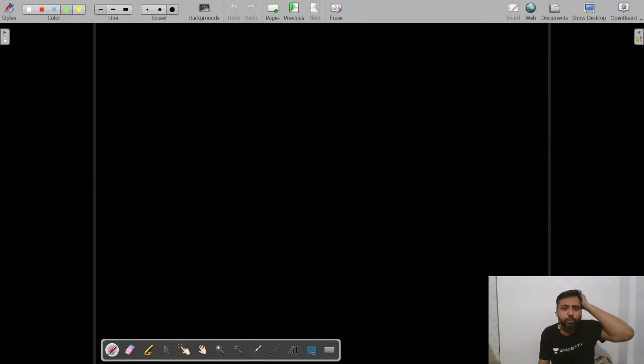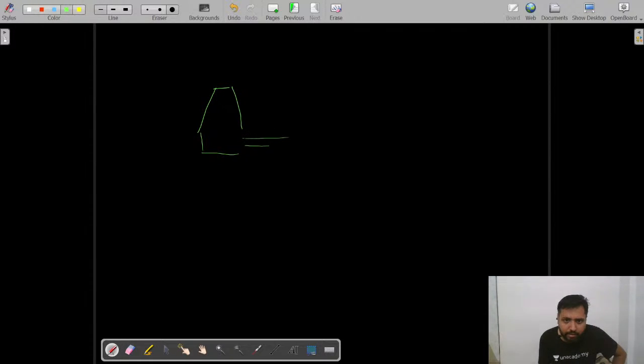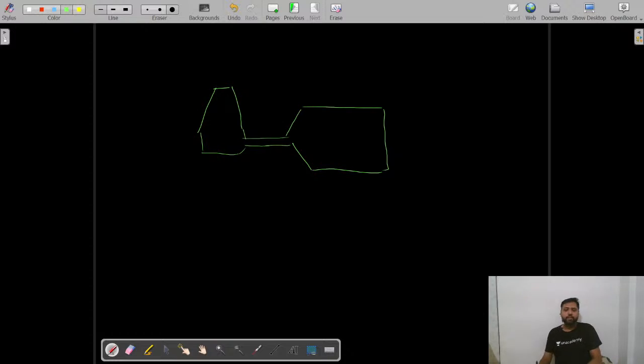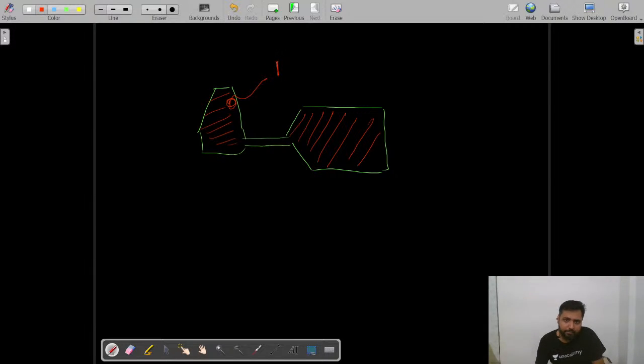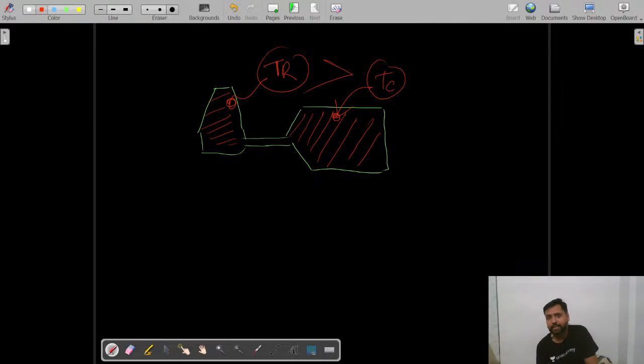How will you assure that the liquid metal in the riser solidifies later? Let us say this is your riser and this is where the casting cavity is. Okay, I had drawn this that day, na, beautifully, but I am doing rough work here. How will you assure that this liquid here solidifies after the solidification of the liquid here? How will you assure that TR is greater than TC?